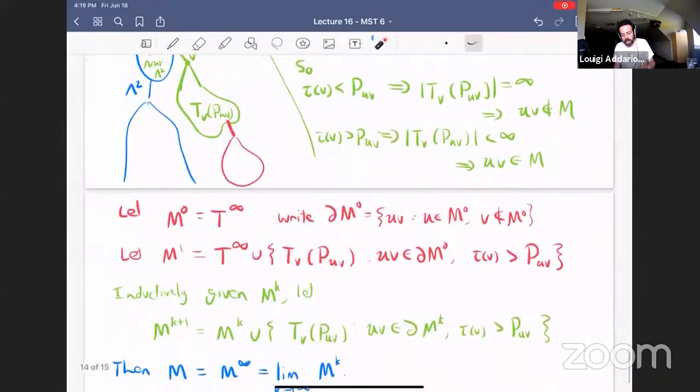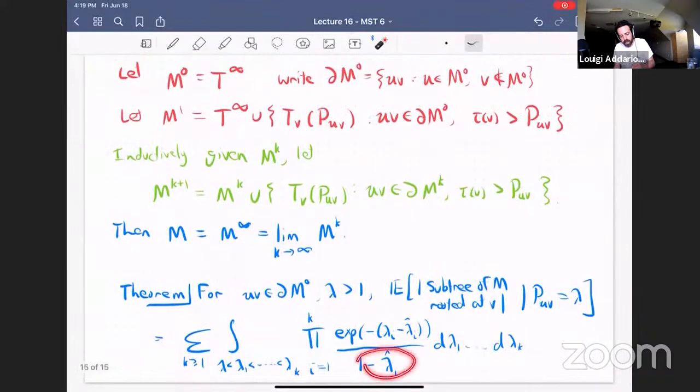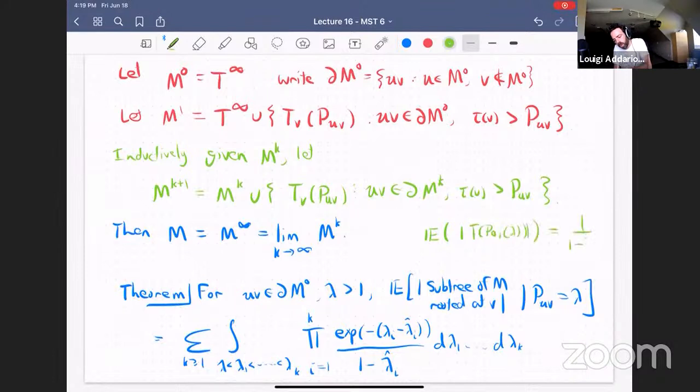And then the denominator is telling you about the size of those trees. Because remember that the size of a subcritical branching process, any branching process, is just 1 over 1 minus lambda, when lambda is less than 1. So this is really telling you about the sizes that you get along the way.